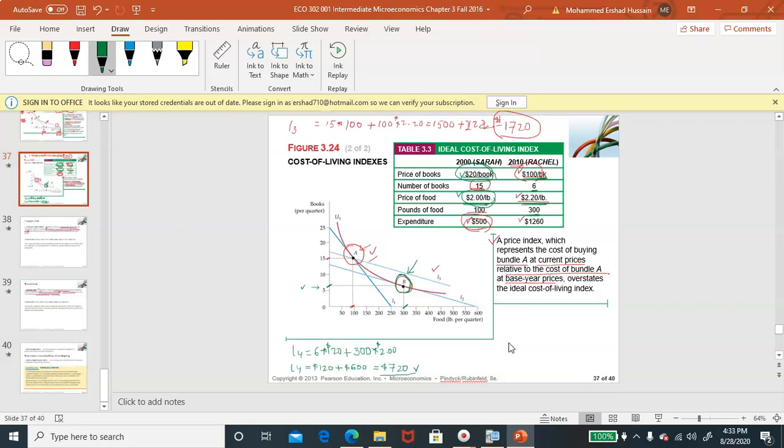So if you now compare, you will see that the Paasche index will understate the amount that is needed to be on the same level of utility.